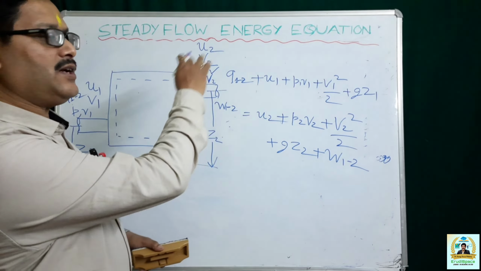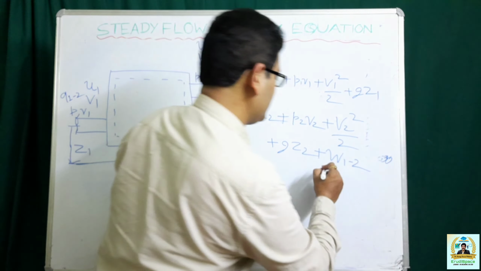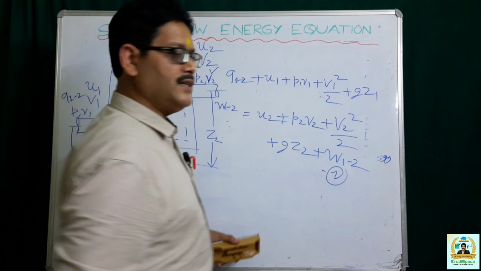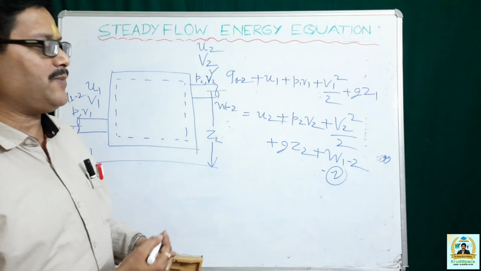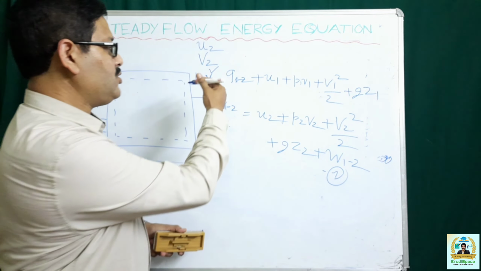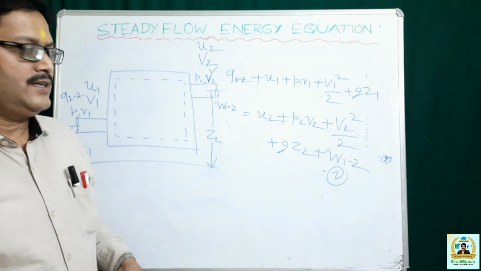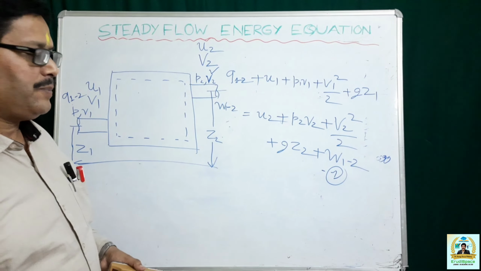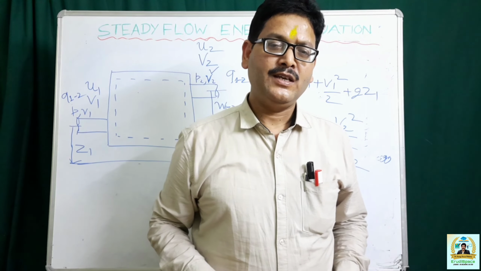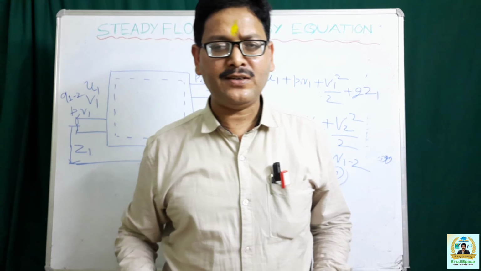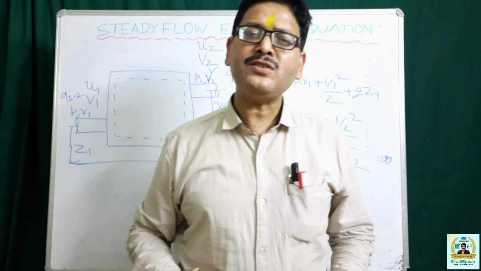So this is nothing but your steady flow energy equation, and if you are considering m mass of the working substance, then you have to multiply m on both the left hand as well as the right hand side. And particularly when you are considering a steady flow, the mass flow rate remains constant, and the energy interactions remain constant.